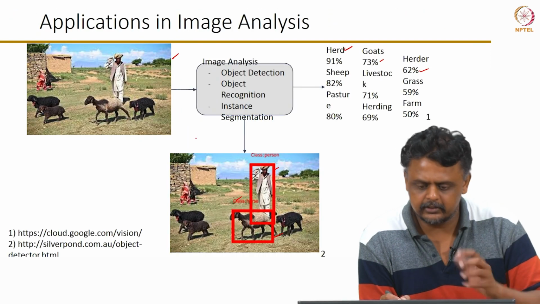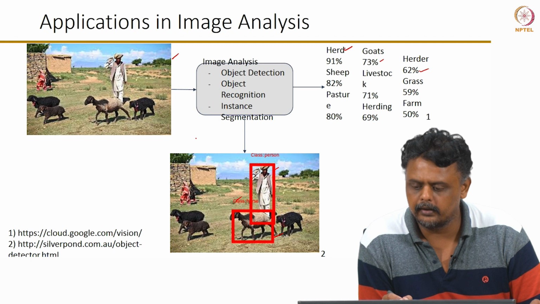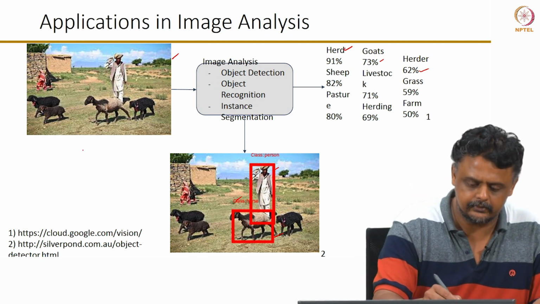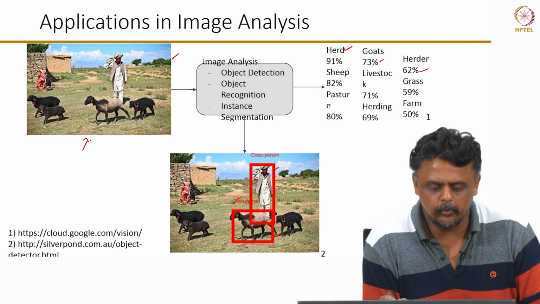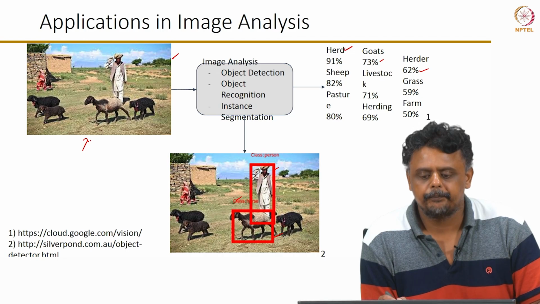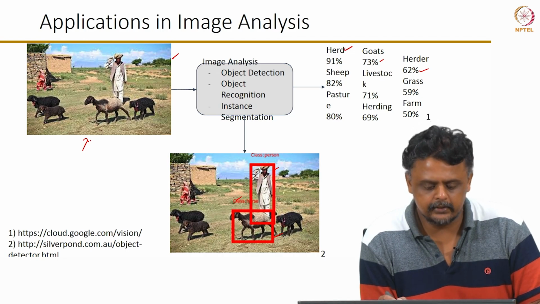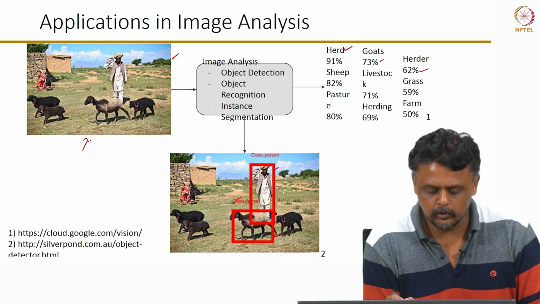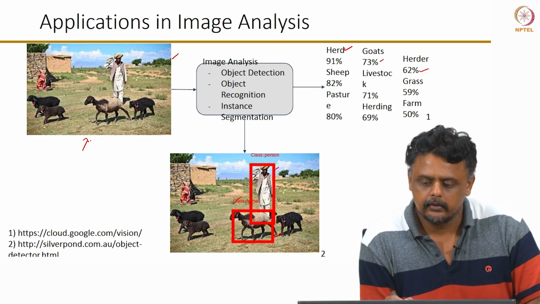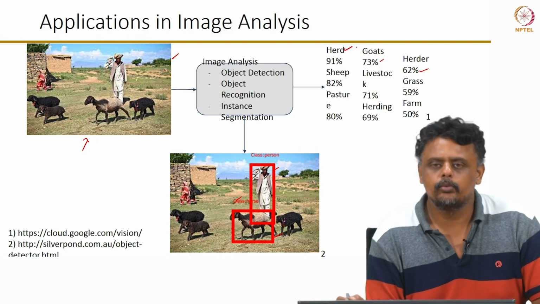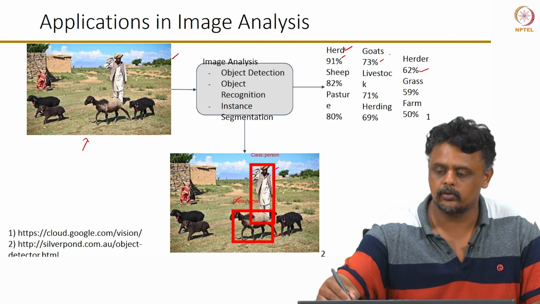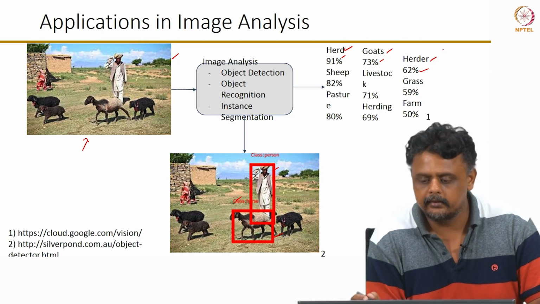So, for instance, let us look at this particular application. This is an image from the wild, showing a rural scene somewhere. If this image is given as input to the Google Cloud Vision program, which is freely available and you can also try it out, it automatically describes the image as a herd, with a 91% probability that it has goats in it, and there is actually a herder in there.